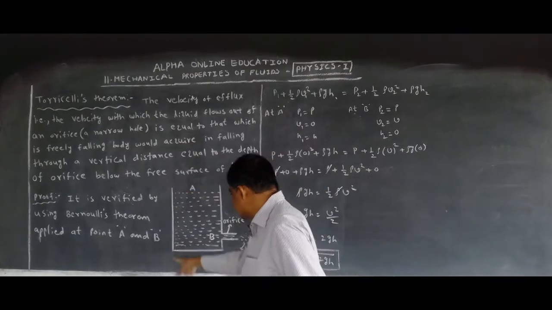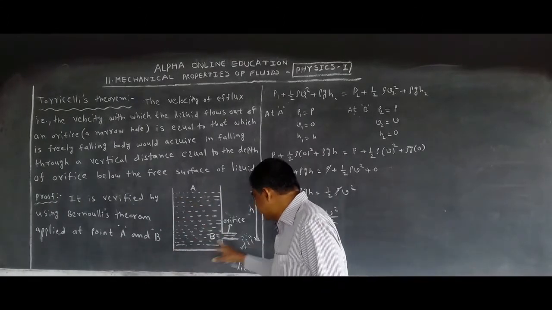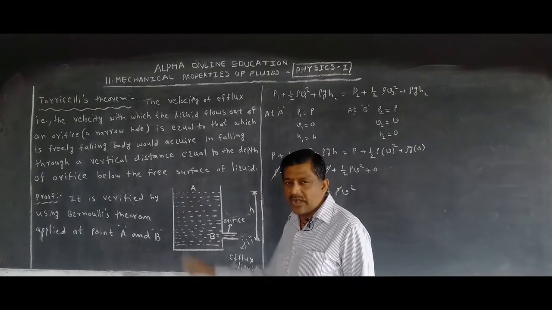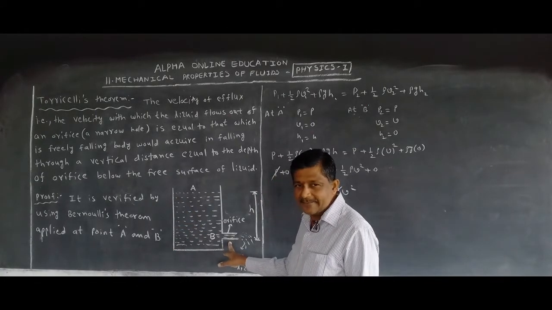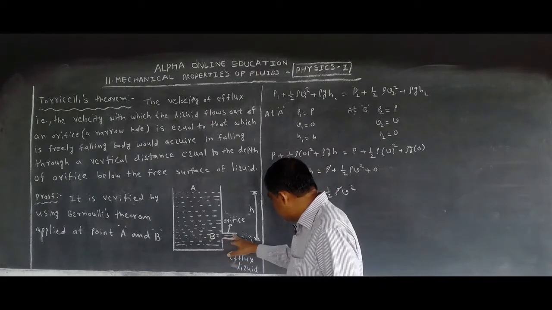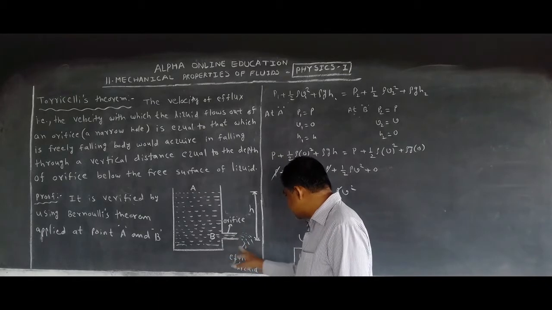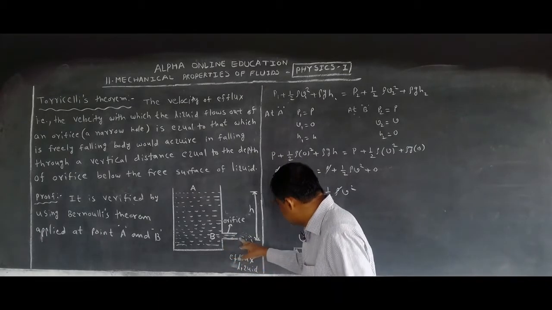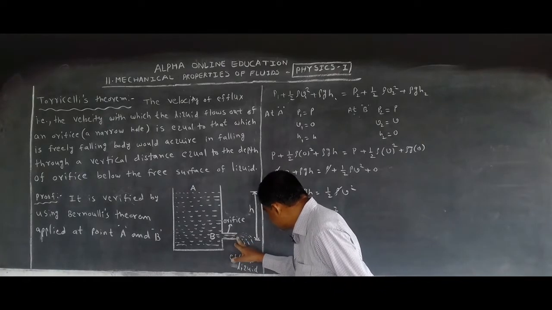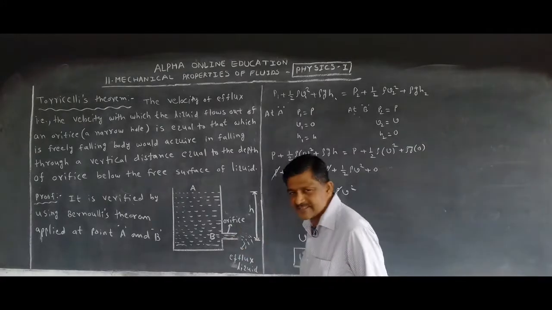Now this is one container, a water storage tank. Here a tap is provided. The water or liquid comes out of this with some velocity, from this narrow hole or orifice.